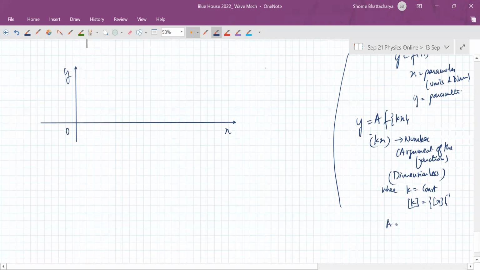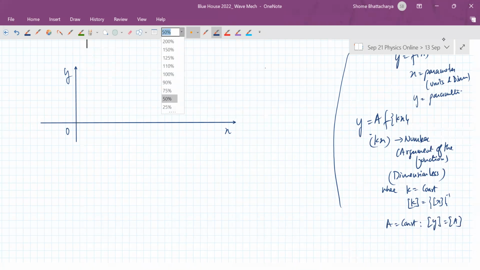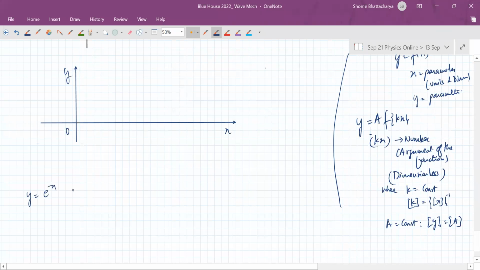And A is also a constant, such that dimension of y becomes dimension of A. So what I'm trying to say here is that maths-wise we can write an equation y is equal to e raised power minus x is fine, because x is a number and y is a number. But if x is suppose a length, so dimension of x is L, then y is equal to e raised power minus x is a wrong equation.